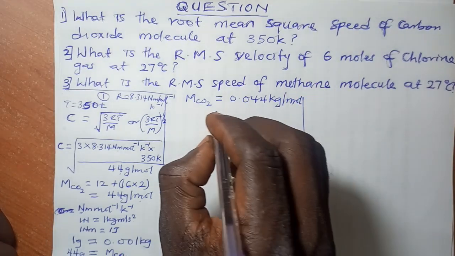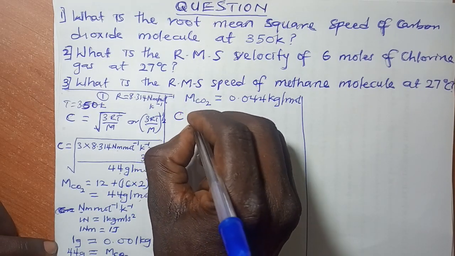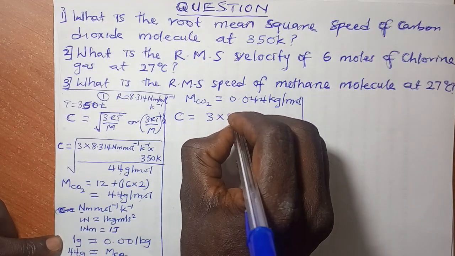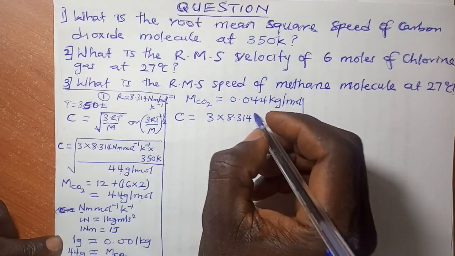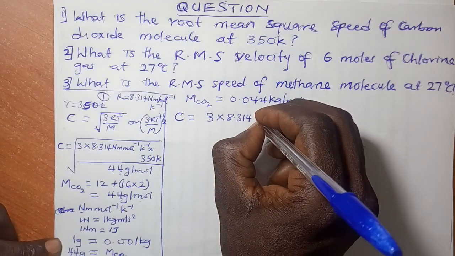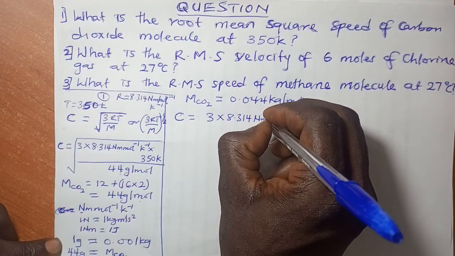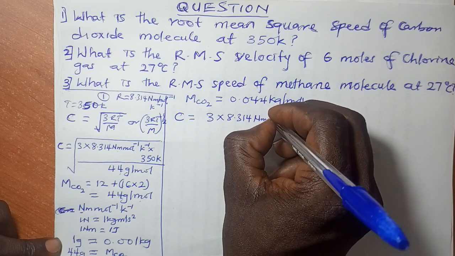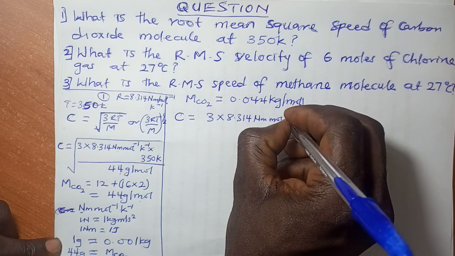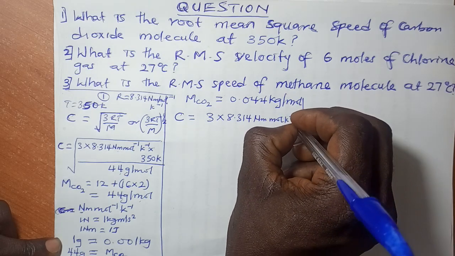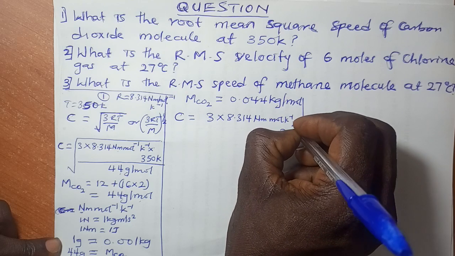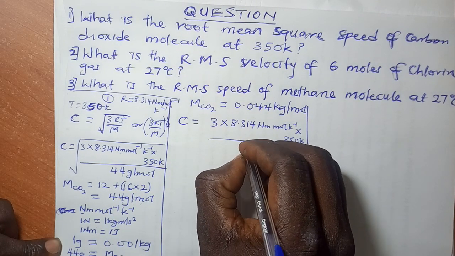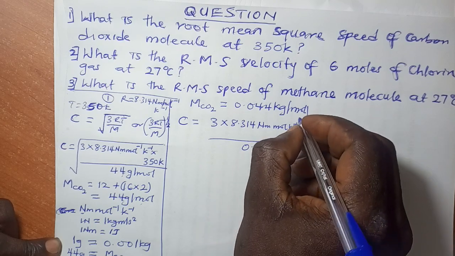So with this, you can now say that your root mean square value will give you the square root of 3 times 8.314 Newton meter per mole per Kelvin, times 350 Kelvin, all divided by the molecular weight, which is 0.044.